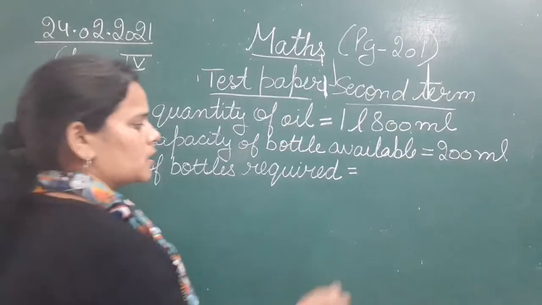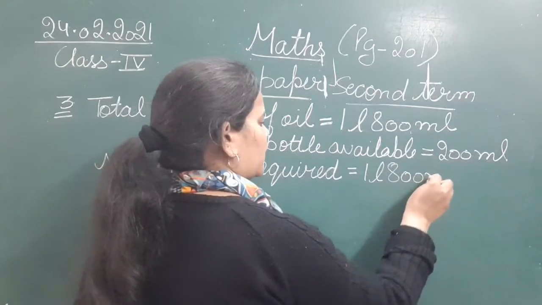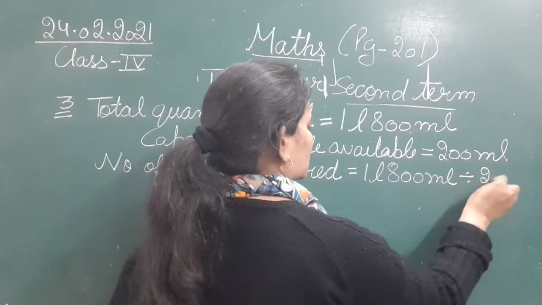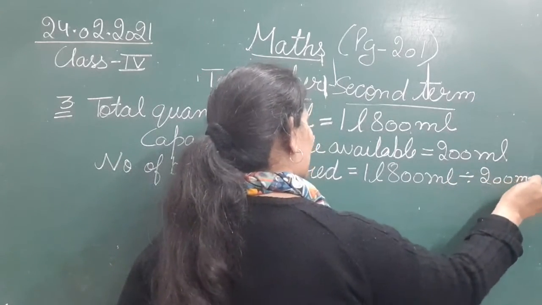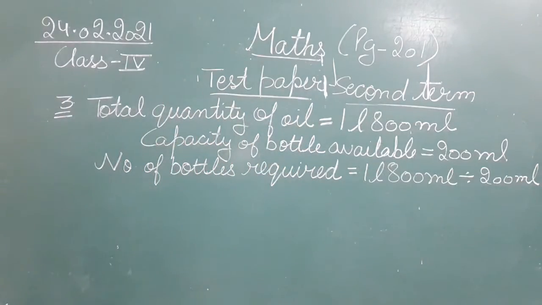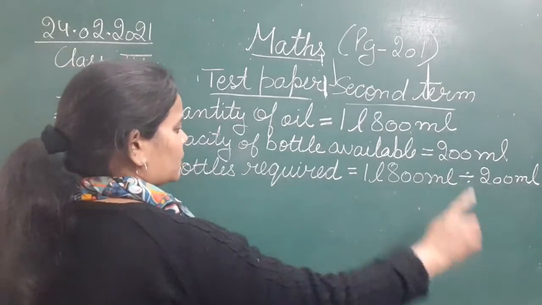We will divide 1 liter 800 milliliter by 200 ml. You can do it in the fraction type as well. That is up to you. Whatever method you want to choose, you can use that. So I am using this. So that means you have to divide 1 liter 800 ml by 200.